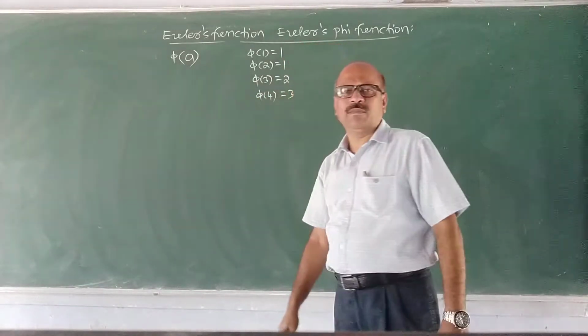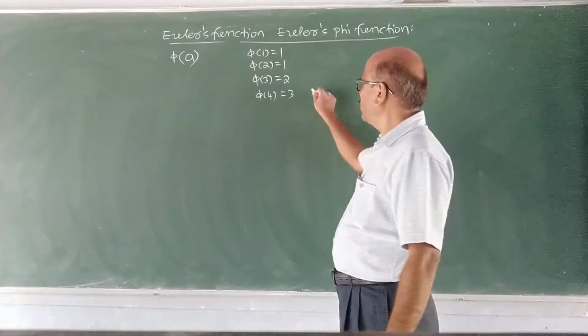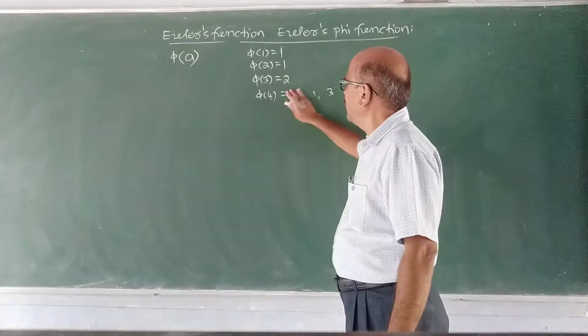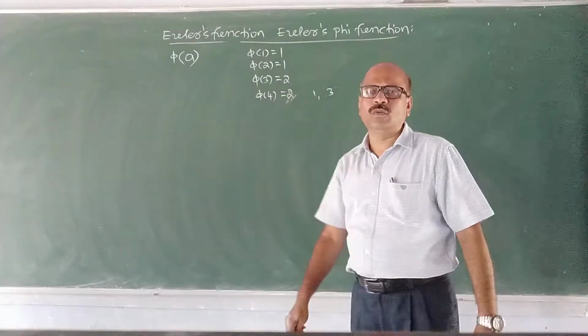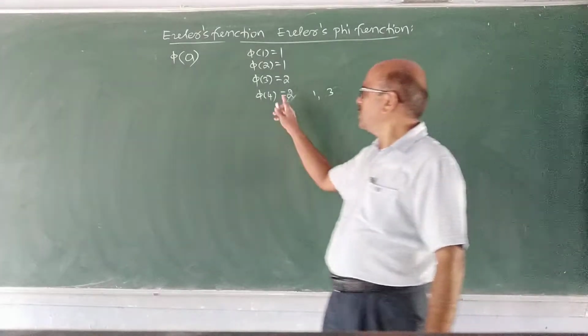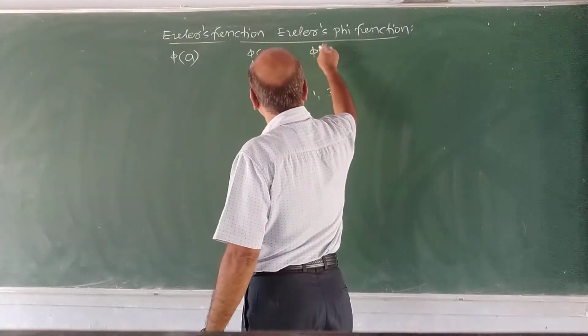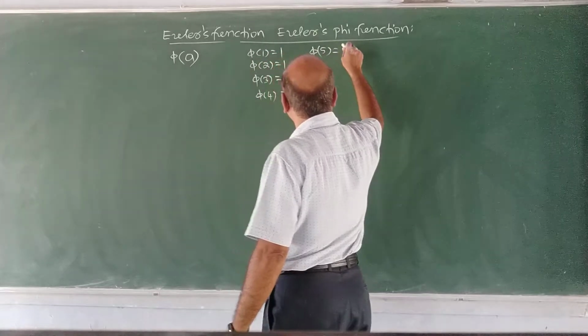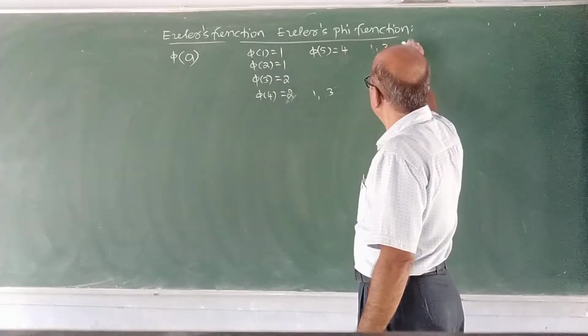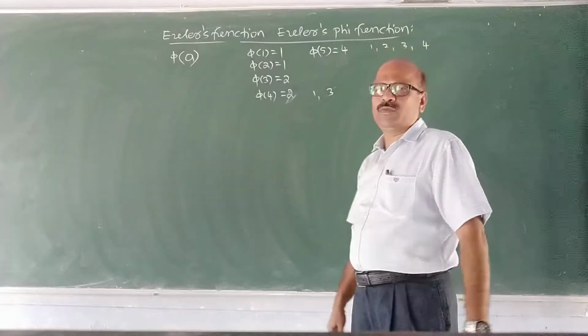It is 1 and 3, so phi of 4 is 2, because 2 is not relatively prime to 4. Phi of 5: 1, 2, 3, 4, all are relatively prime to 5.